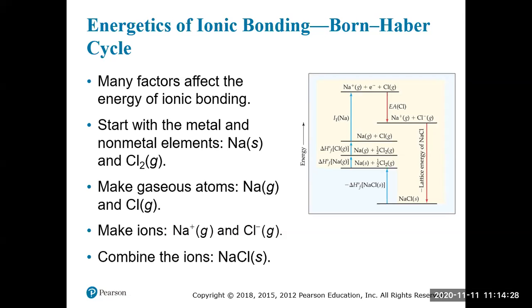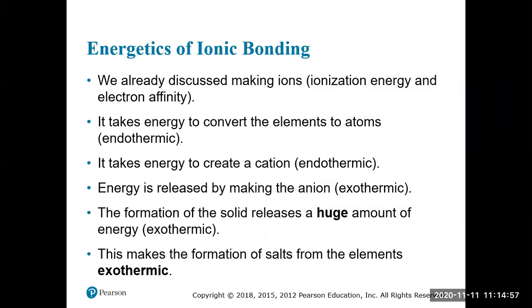We have to convert the sodium solid to sodium gas, and we have to convert Cl2 to Cl gas, just the atom chlorine. Then we need to make ions, the sodium plus ion and the chloride minus ion. And then those need to be combined. We see an energy diagram on the right showing the different steps and the energy that takes place. Let's take a look at that a little more closely.